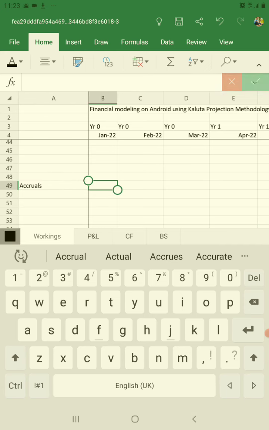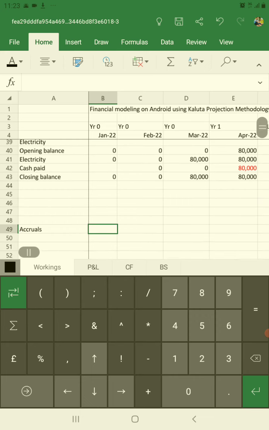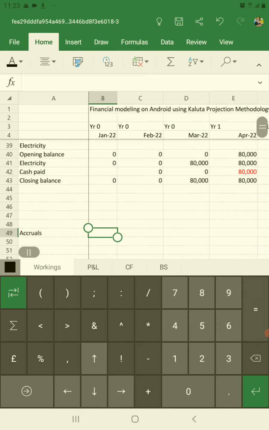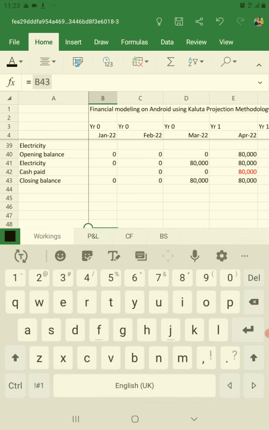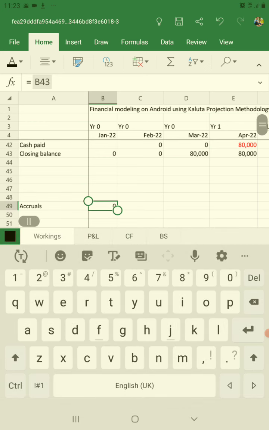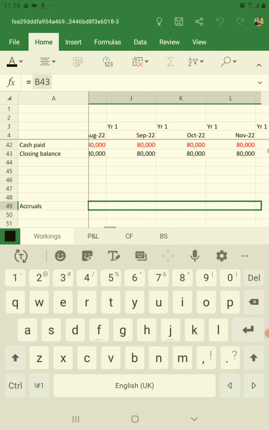So the first one is closing balance for electricity. So I put equal sign and place electricity closing balance, enter, and we will add others as we establish them. So fill this to the rest of the projection period.